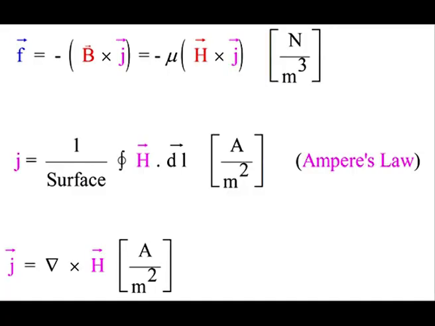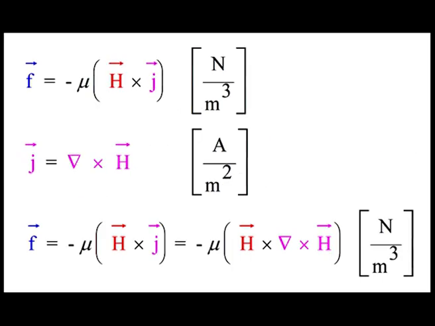Now follows a very important step by applying Ampere's law into this equation. The law of Ampere has been expressed in an integral form, which is the middle equation, and at the bottom the differential form of Ampere's law, which indicates the current density G expressed as the cross product, the curl, of the magnetic field intensity H, expressed in ampere per square meter.